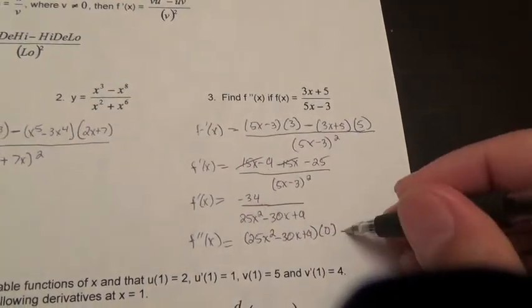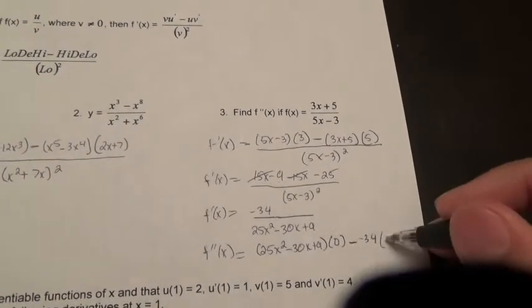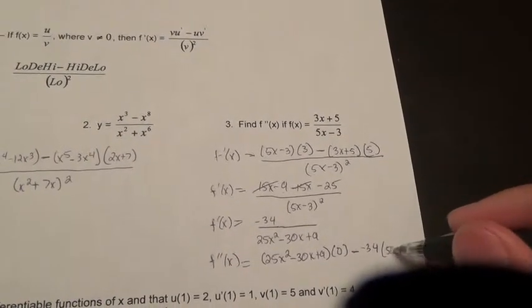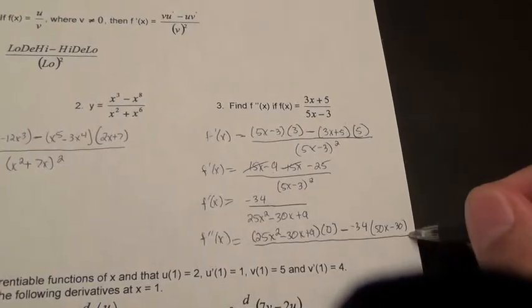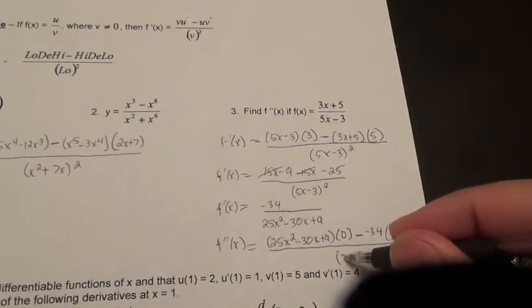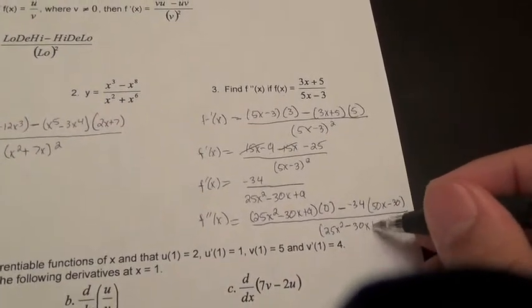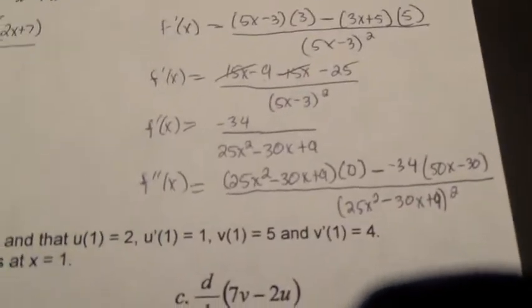Minus the negative 34 times the derivative of your denominator, which is just your power rule and constant rule, 50x minus 30. And then that whole thing gets divided by that denominator squared. All right, so that would pretty much be our answer.